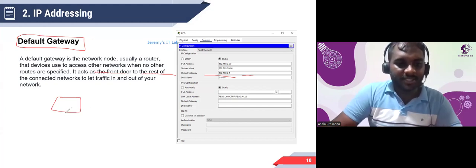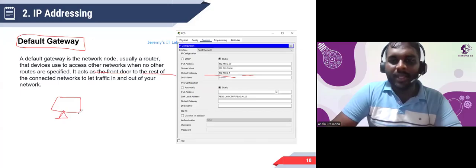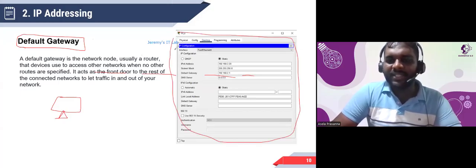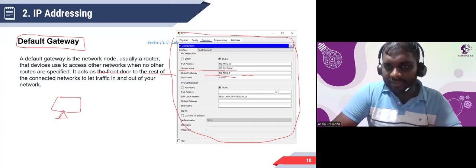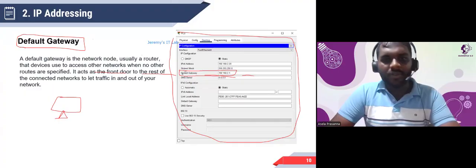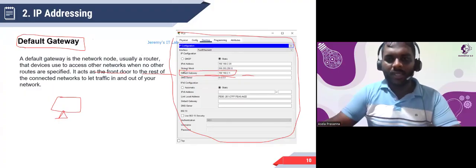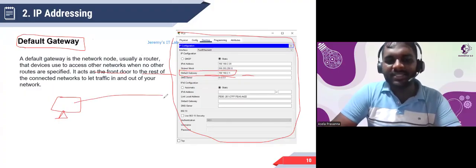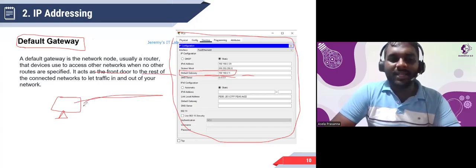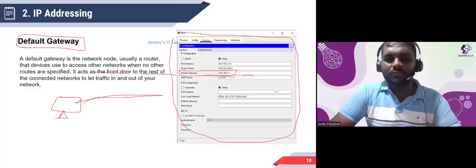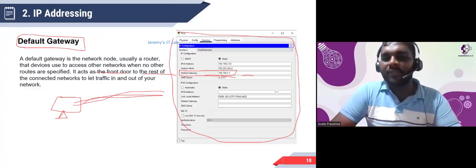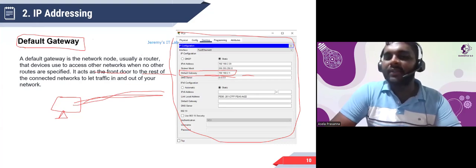If you consider a PC, this is a screenshot of the PC configuration, and there you have a place to put the default gateway. The default gateway is the place where the computer searches to go. If there is a packet that the computer does not know where to send, the computer will search for the default gateway. You can give one default gateway.